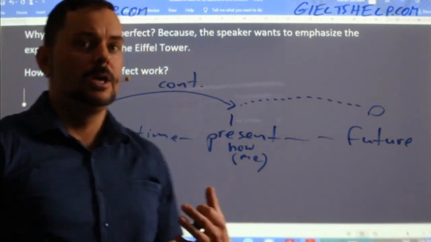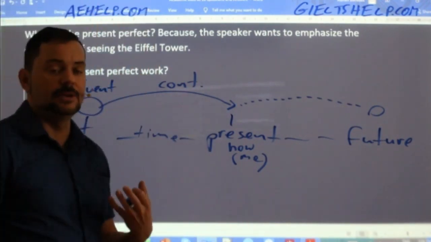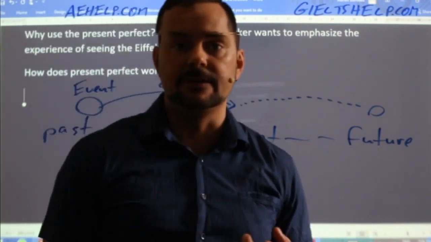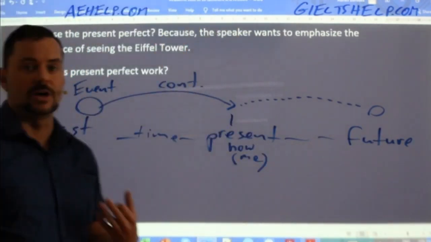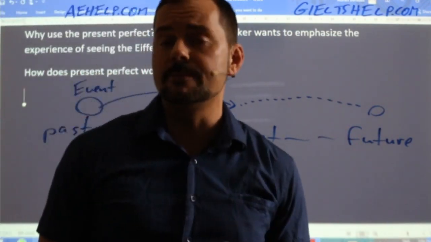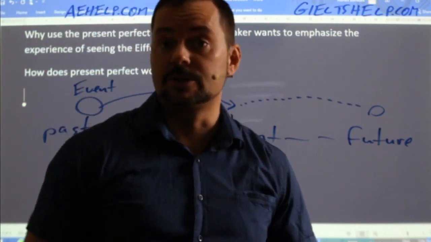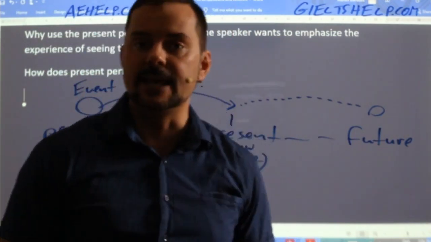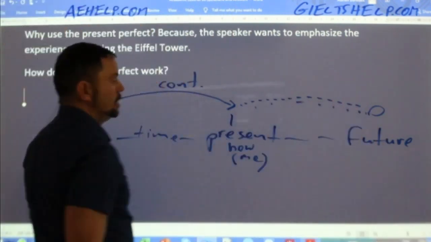All right. Now, when we have an important experience in our lives, then that experience stays with us. So we want to tell our reader using grammar that we had this experience that was a big experience, and it's staying with us and will likely stay with us into the future.